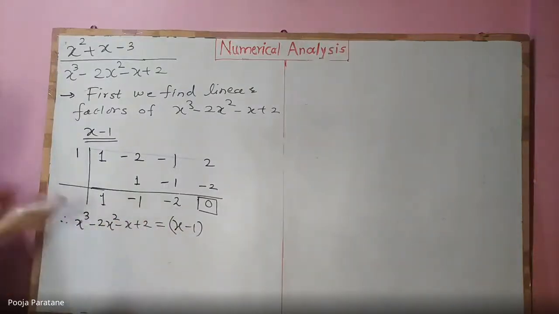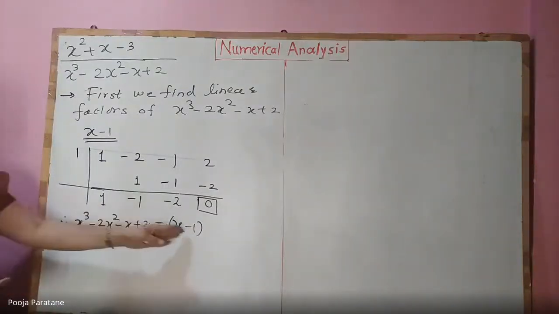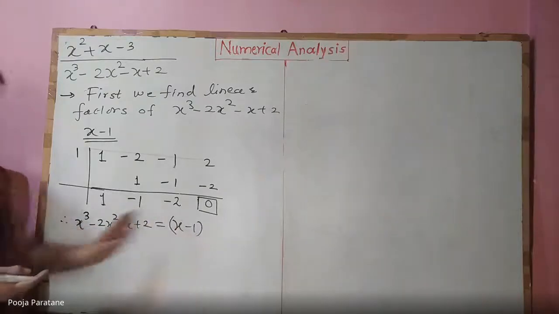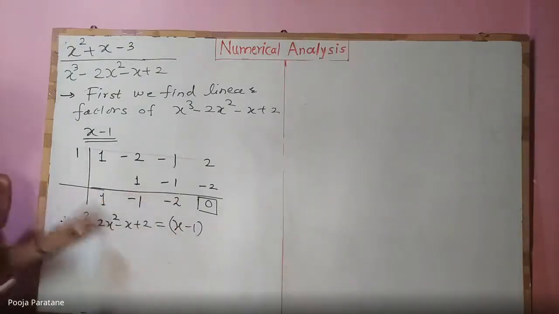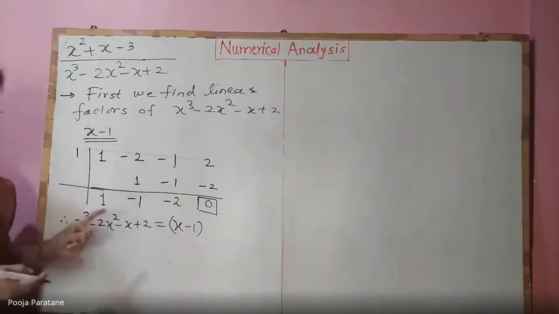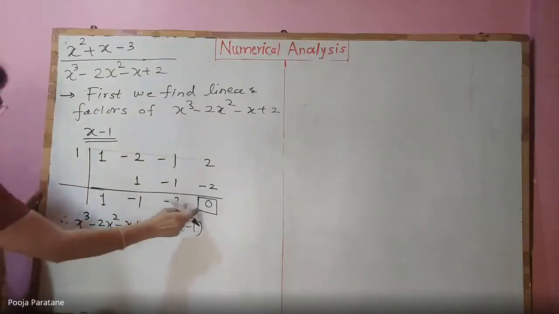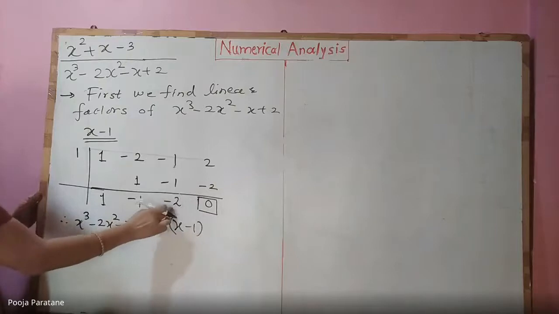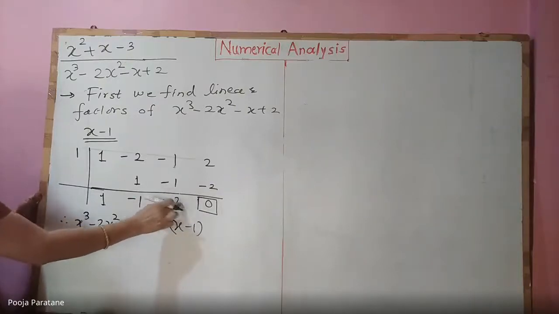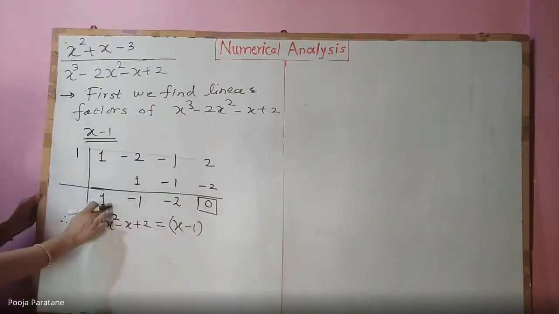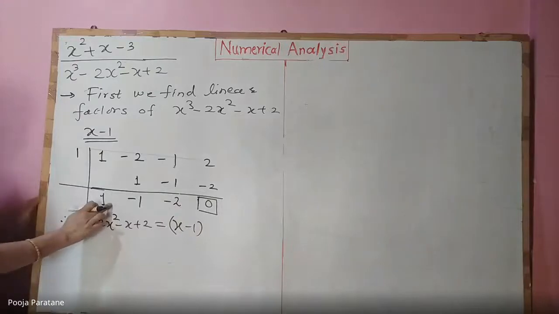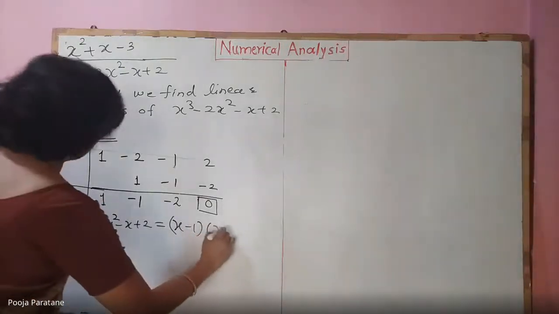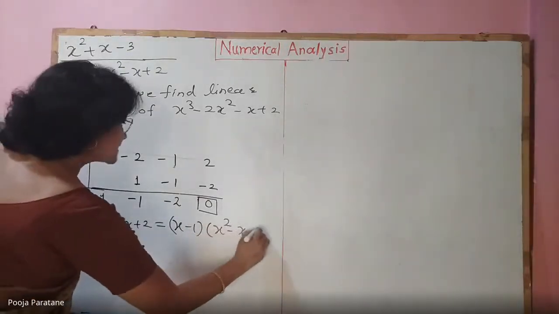Actually this is a division, we are dividing this polynomial by x minus 1, and the remaining is written like this: the term just near to this, the previous term here, is always the constant term, then this is the coefficient of x and this is the coefficient of x square. So this quadratic polynomial is x square minus x minus 2.